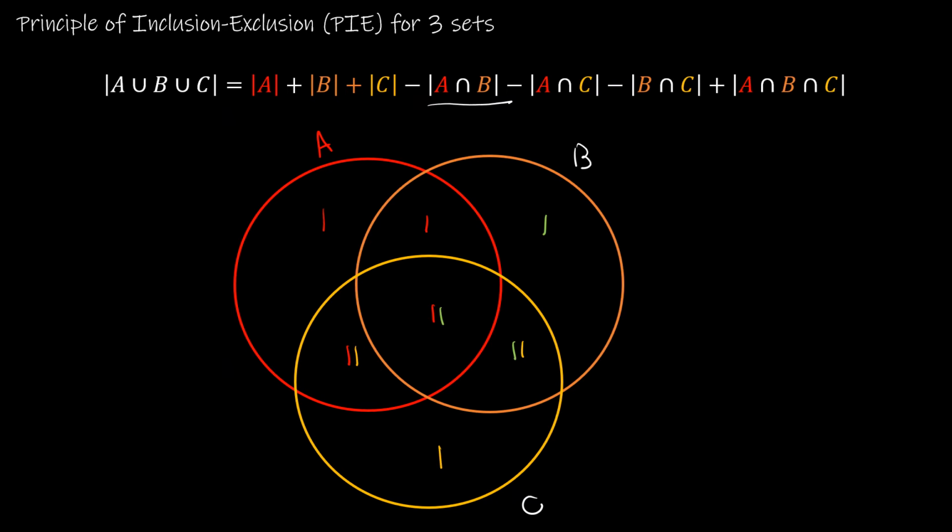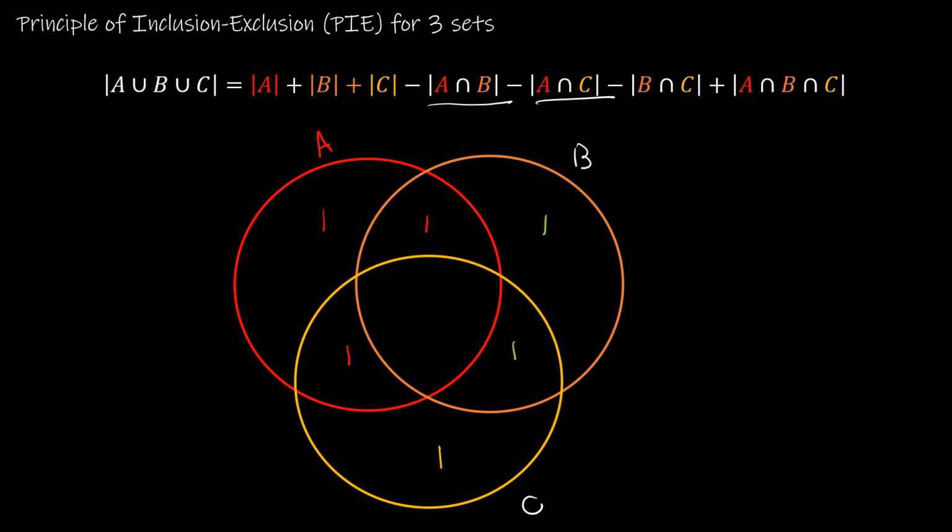And then I'm going to subtract A intersect C. So that's this segment right here. So I'm taking 1 away from each of those. And then B intersect C. So that's this section from here and from here.